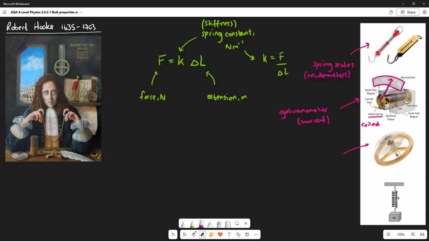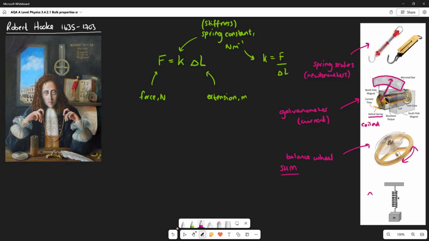Here we have another coiled spring attached to a balance wheel. The spring twists and untwists as the balance wheel rotates backwards and forwards under simple harmonic motion. The spring exerts a restoring force, keeping that simple harmonic motion going. You'll find these inside pocket watches, allowing them to keep time.